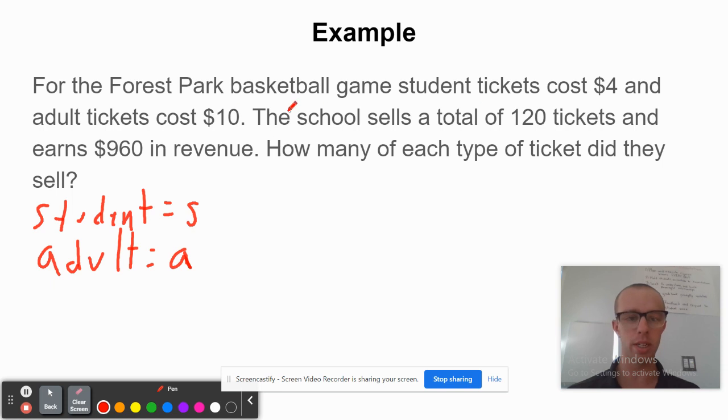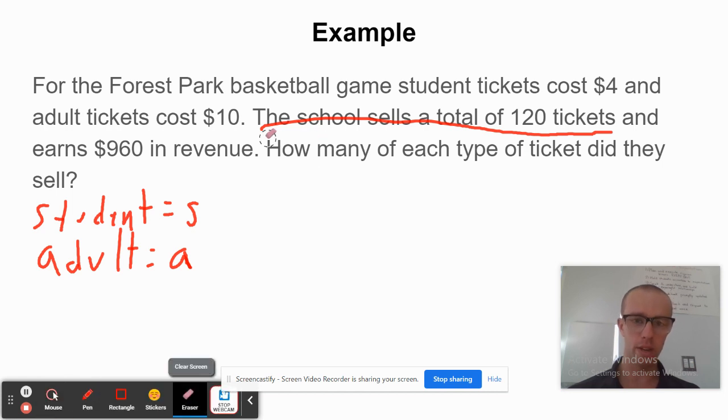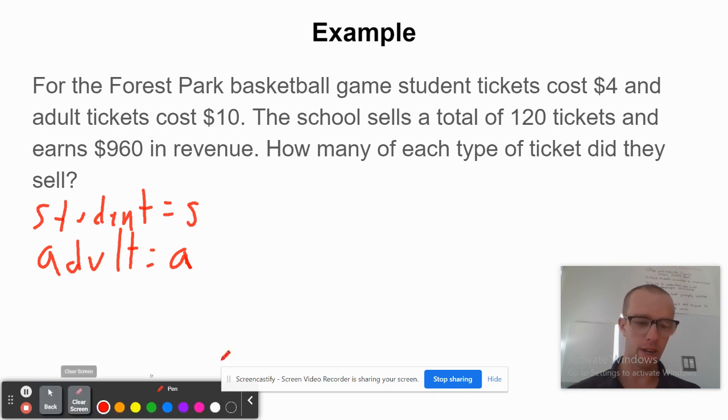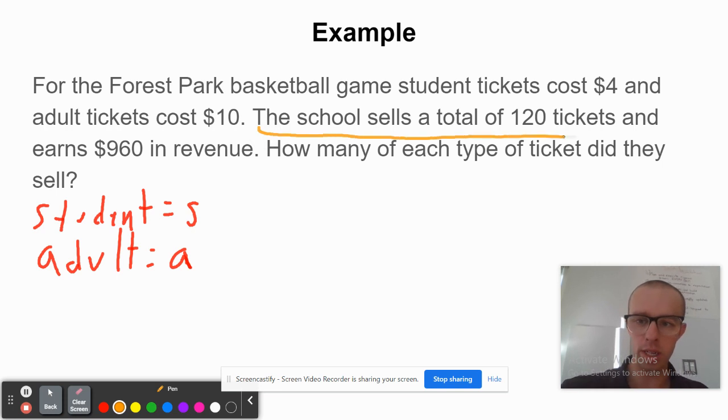And so I'm going to read this information again. Cost $4 to go, $10 for an adult ticket. The school sells a total of 120 tickets. With this sentence alone, I can make an equation. Sorry, I just want to erase this and underline a little better. The school sells a total of 120 tickets.